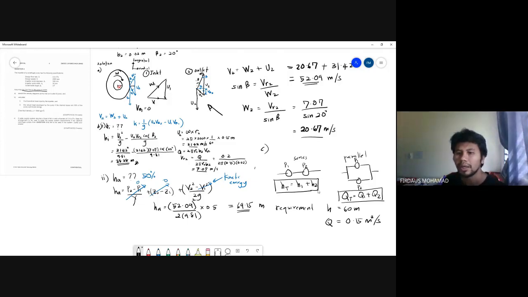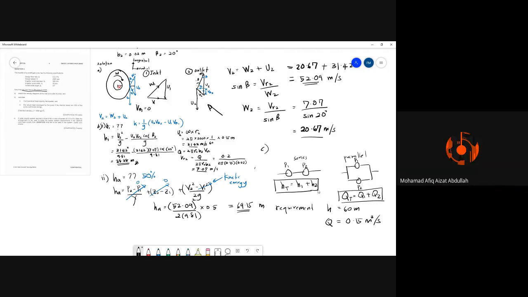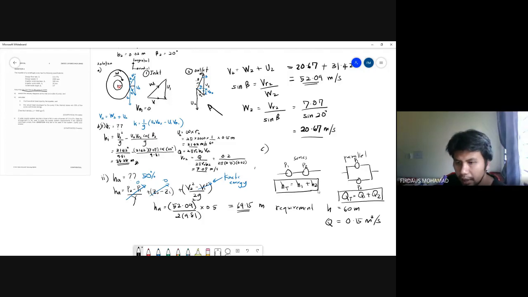Okay, so apa yang paling ideal for this case based on your calculation in 4B and then based on the design specification? Nak guna series ke nak guna parallel? Pakai series je. Series sebab apa? Sebab kita nak head at least 60 meter.